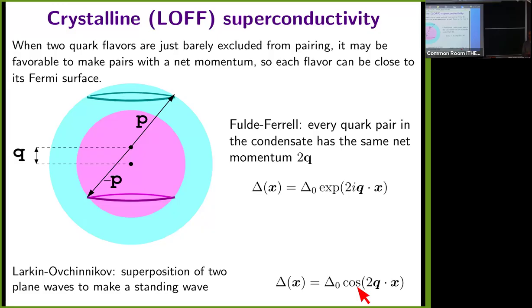So now you're looking at a condensate that's not uniform in space. It's got some kind of spatial modulation, either just the phase of the condensate in the Fulde-Ferrell case, or a standing wave with the modulus of the condensate having nodes and antinodes, a big condensate here, small condensate there, but with a definite momentum pointing in a definite direction. And that's coherent enough that you can still exploit the attractive interaction and lower the energy of the system.